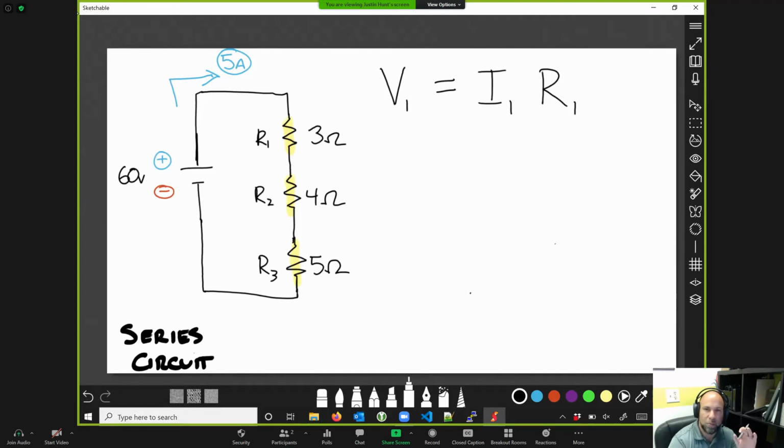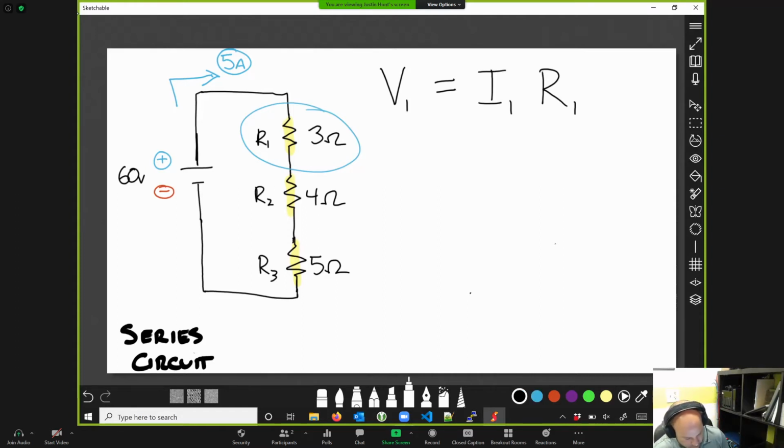And we use these subscripts to give us context. We know we're talking about this component of our circuit, R1. We want to know specifically the voltage that's going through that component. So we're going to isolate that and use V=IR for that purpose.